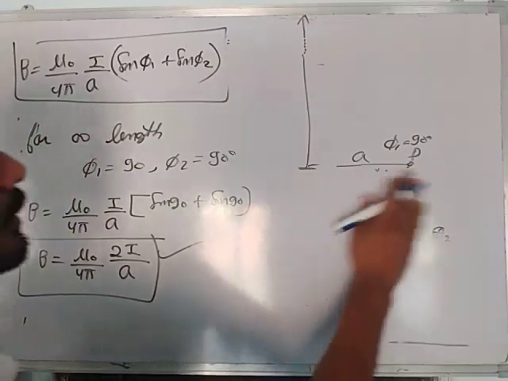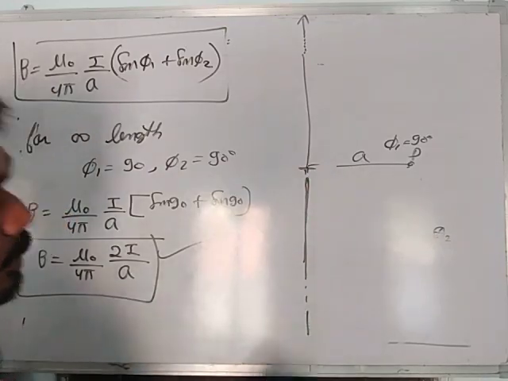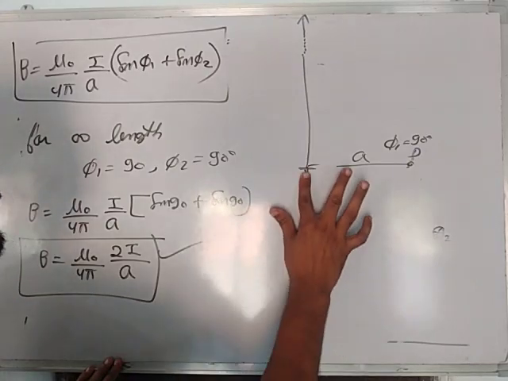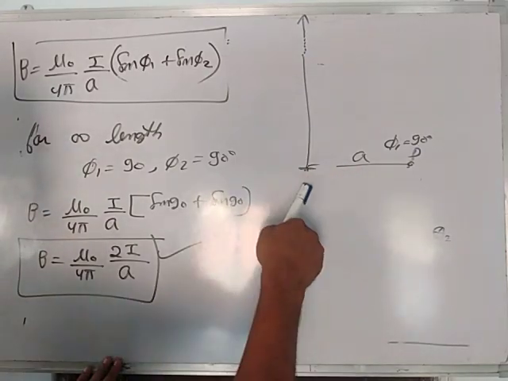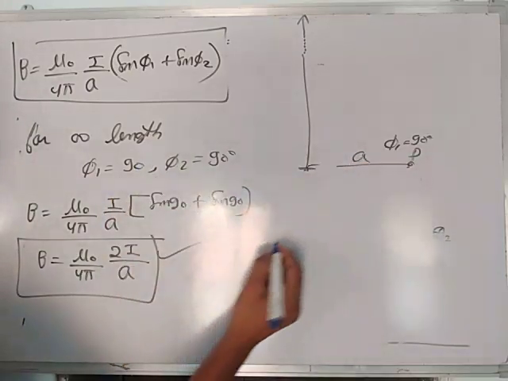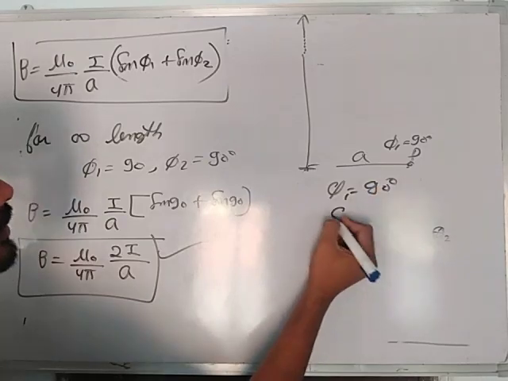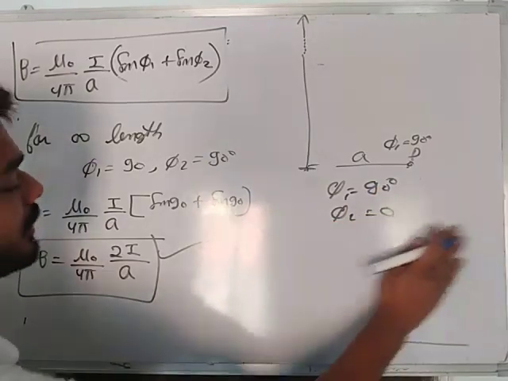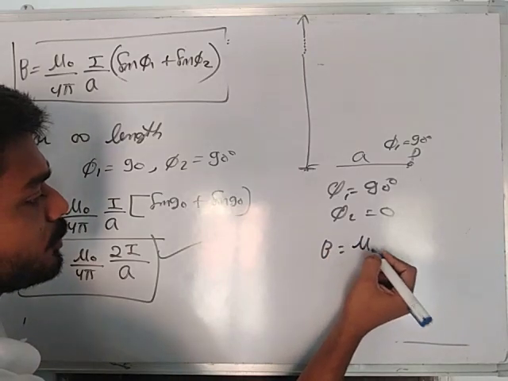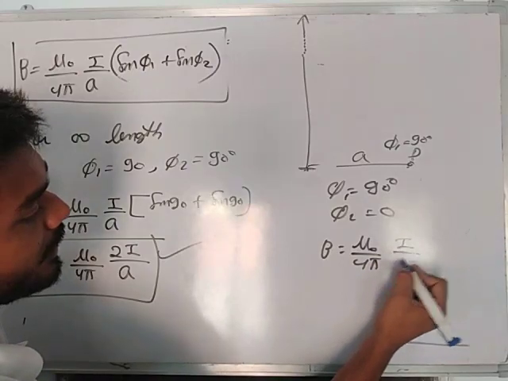Because if you use semi-infinite, you reduce this part, and as this part reduces, this angle decreases to 0. For semi-infinite, φ₁ is 90 degrees and φ₂ is 0 degrees. Substitute, you will get the result B is equal to μ₀/4π · I/a.